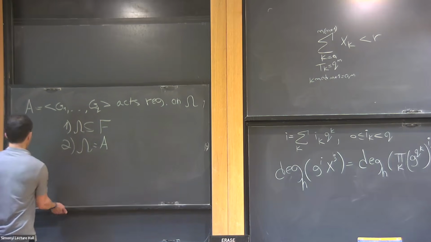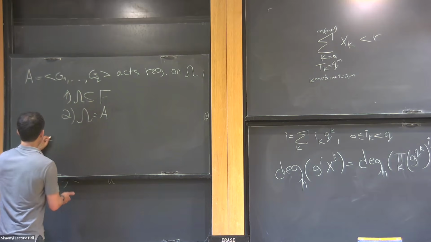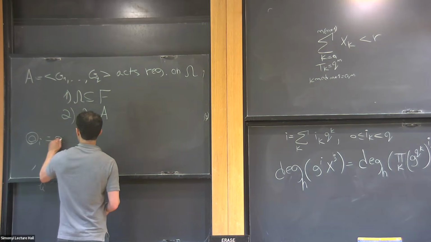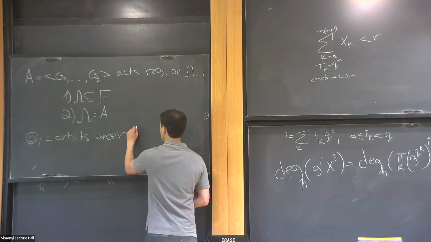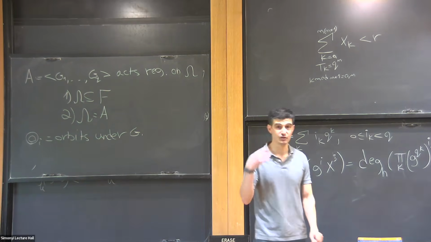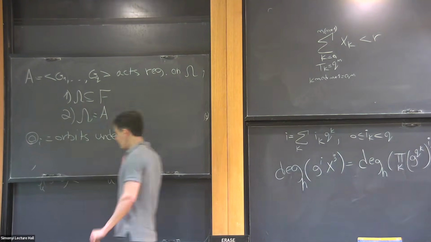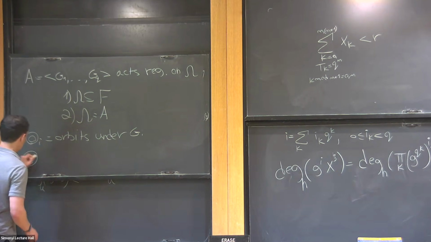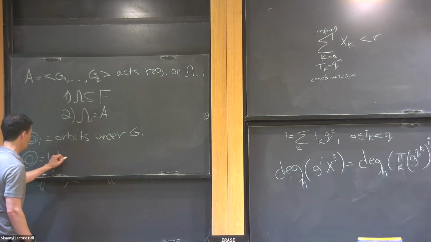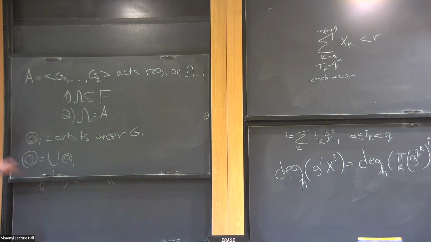So let's define O_i, the orbits of omega under the action of G_i. And now there's something slightly delicate. I look at all such orbits, the union over all possible orbits under the action of each of the G_i.